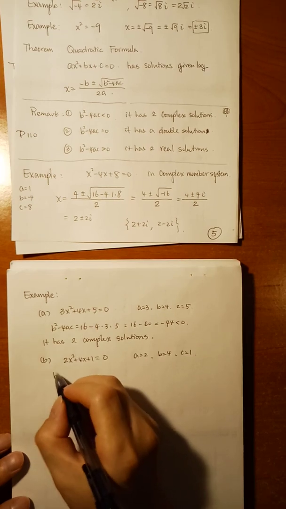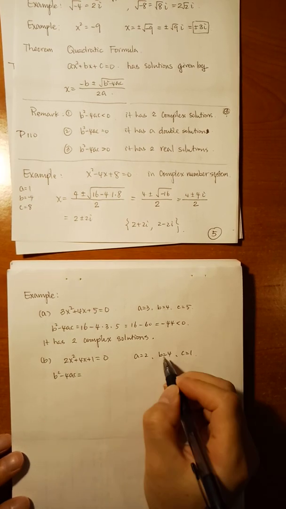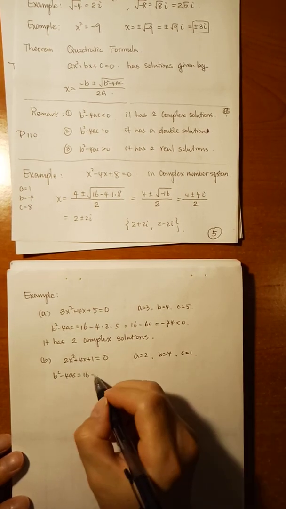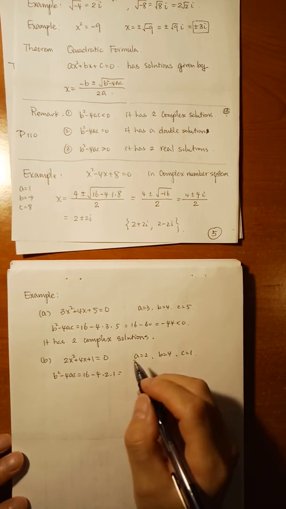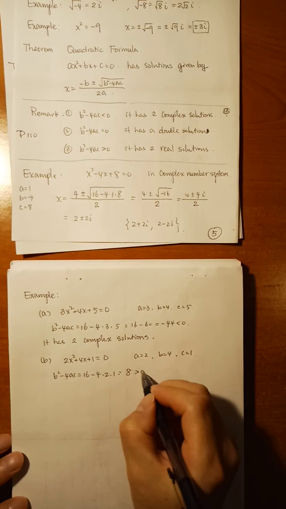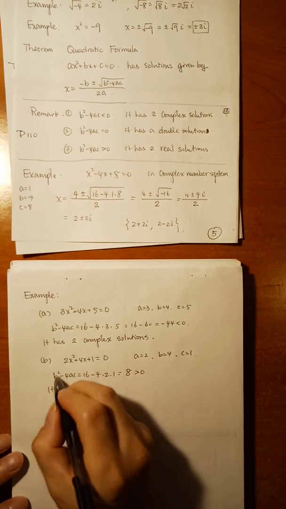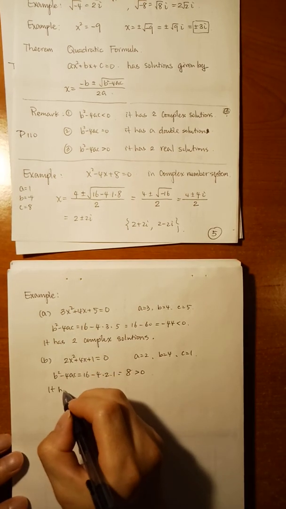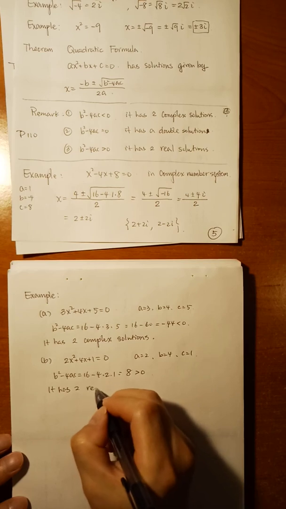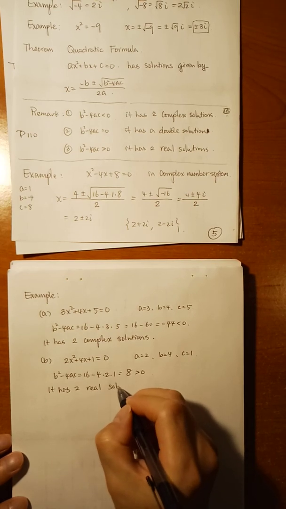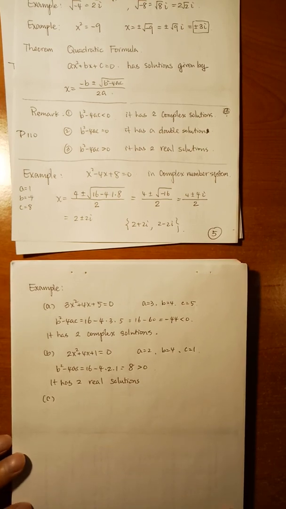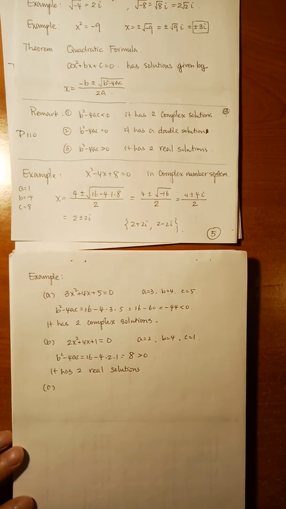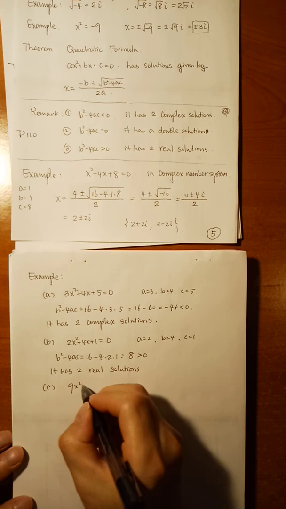And then b squared minus 4ac is 16 minus 4 times 2 times 1. 4 times 2 is 8, times 1 is 8. 16 minus 8 is 8, greater than 0. Then it means that this equation has two real solutions.